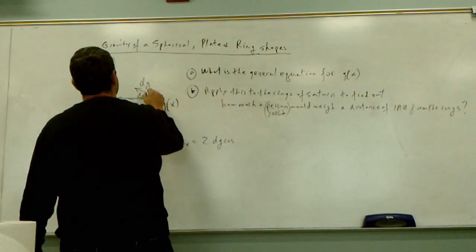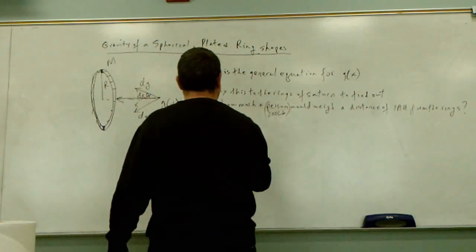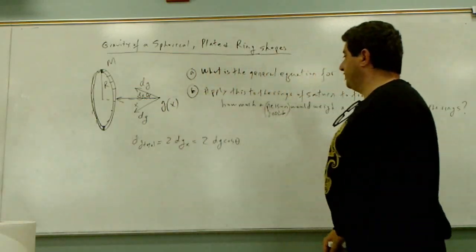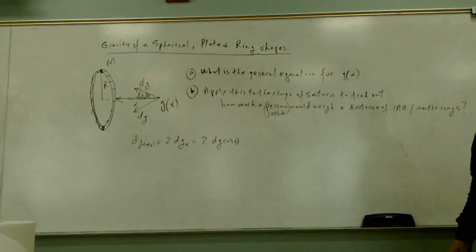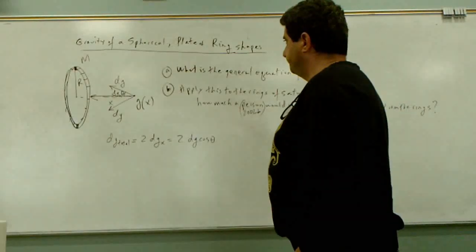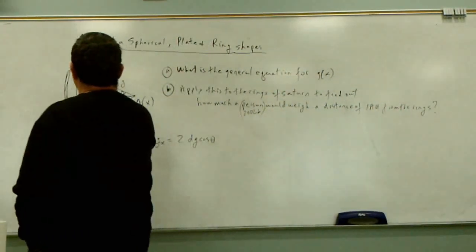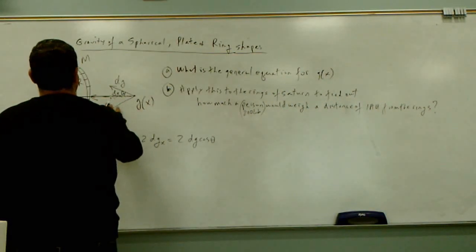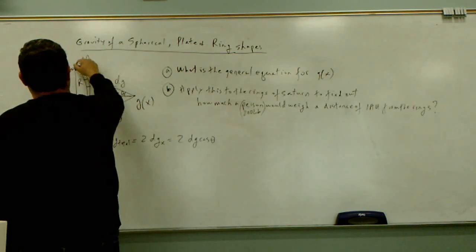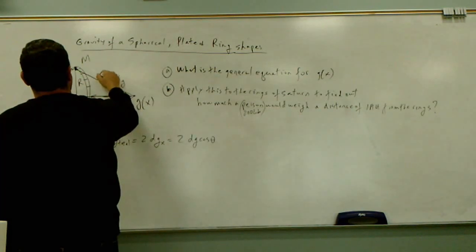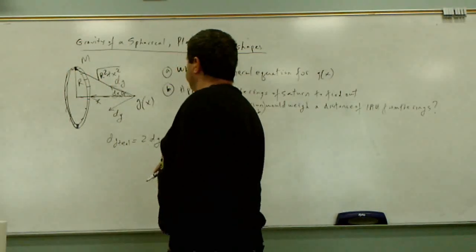And then so dgx is going to be dg cosine of this angle, right? Theta. 2 dg cosine theta. So then if this triangle is x right here, this is r, right?